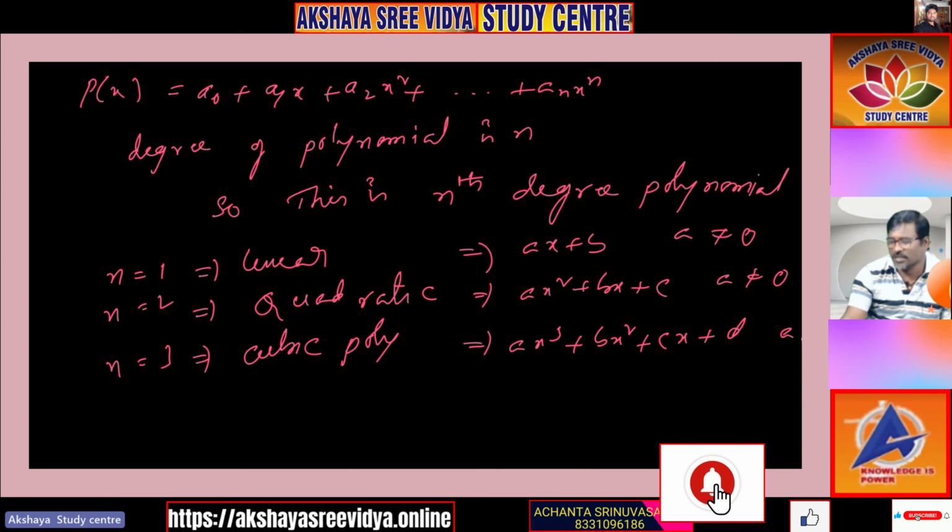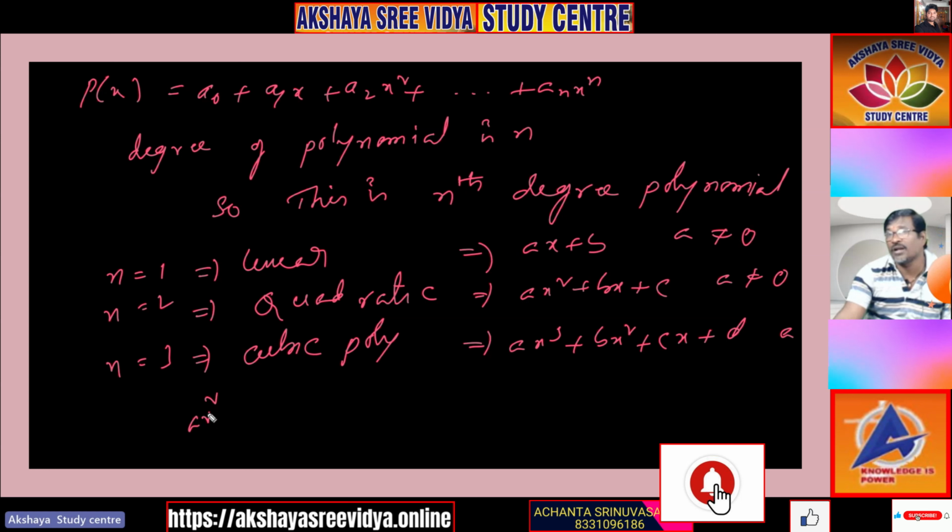For suppose any polynomial is equal to 0. And these are the expressions. Ax plus b is the linear polynomial expression. Ax square plus bx plus c is the quadratic polynomial expression. Ax cube plus bx square plus cx plus d is the cubic polynomial expression.